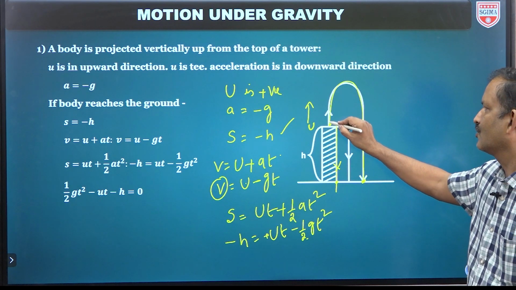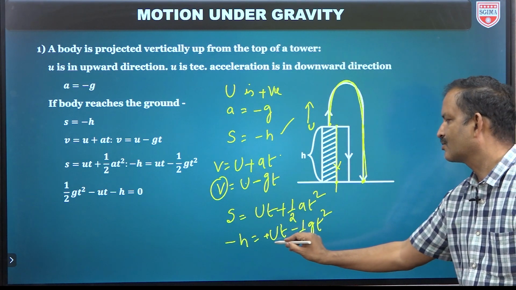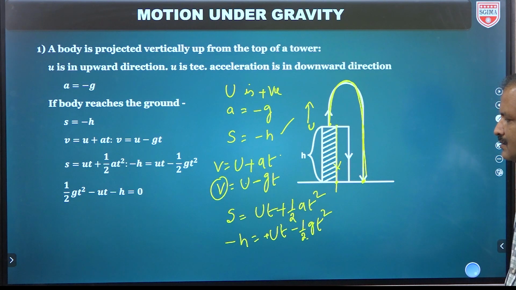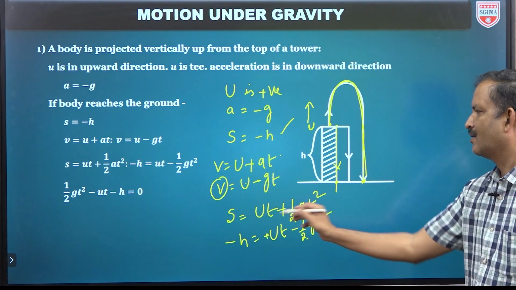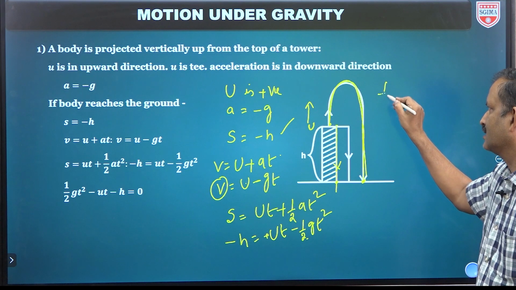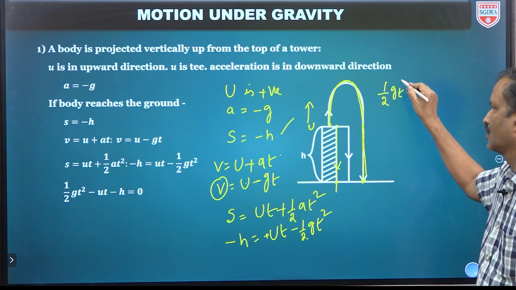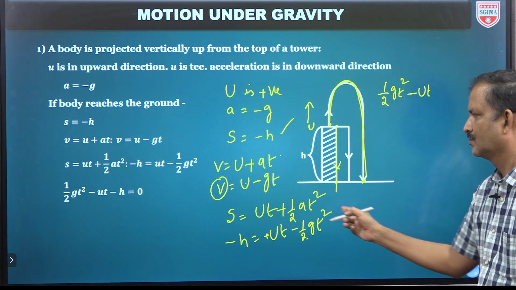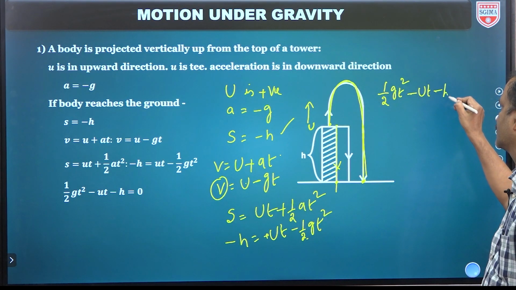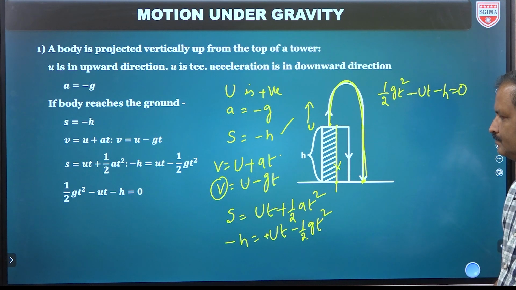What is the time taken to reach the ground? You have to solve this quadratic equation. What is that quadratic equation? Half gt square goes to that side, minus ut that side, minus h that side is equal to 0.